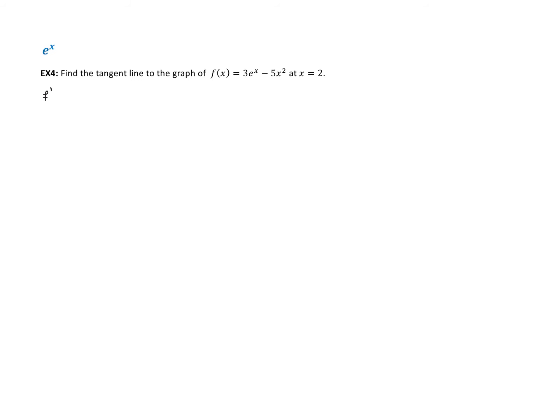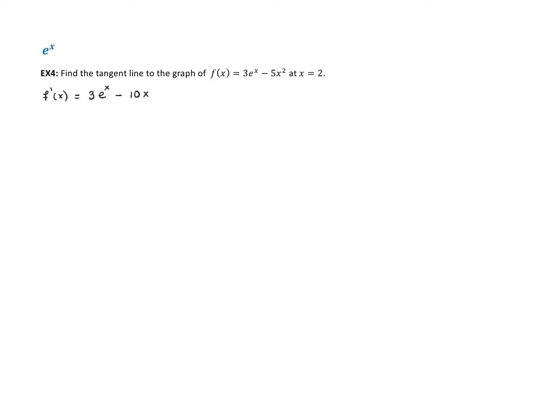So f prime of x is going to be equal to 3, this is a coefficient, nothing changes, times the derivative of e to the x. But we just found out that the derivative of e to the x is itself. So 3 times e to the x minus, and then over here we have a power term, so we're going to use the power rule. That means that this is going to give us 10x.